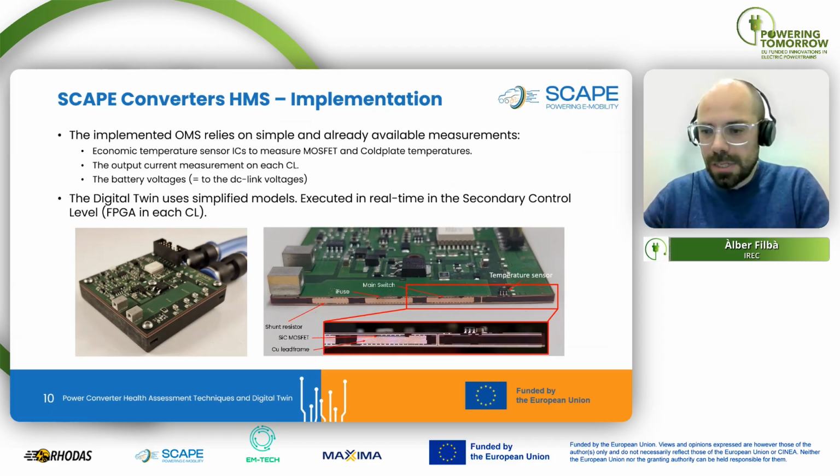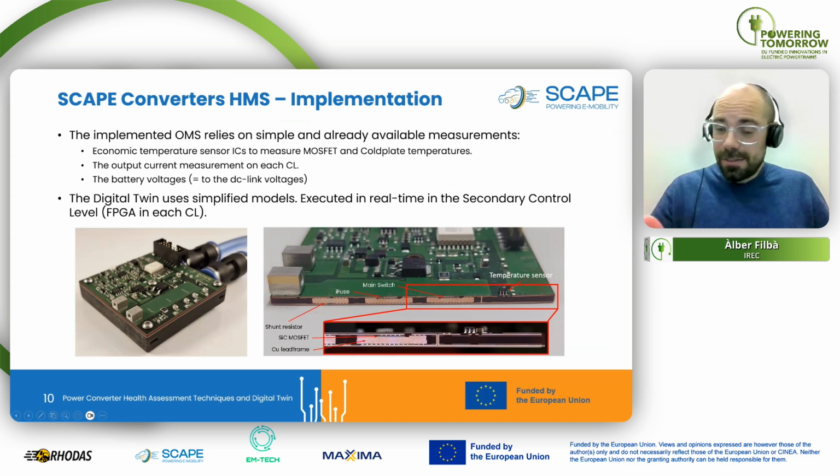Here, for instance, you can see an example where this is a cross-cut of the switching cell, and the die of the MOSFET is here, and here you can see the sensor, which is a very small and cheap sensor, whose communication is also handled in series between the sensors. So it has very low impact in the implementation of the converter at the end.